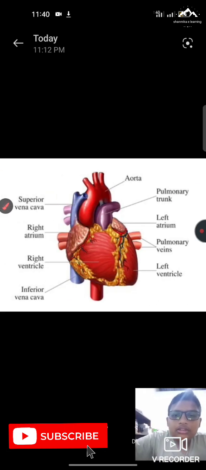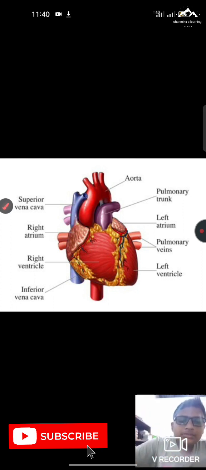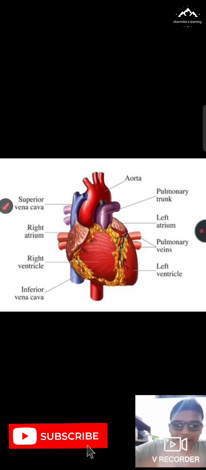So there are 2 main veins, because the superior vena cava is the vein which takes deoxygenated blood from the upper organs, upper organs meaning the organs which are above the heart, like the brain and lungs. The deoxygenated blood from those is taken by the superior vena cava.